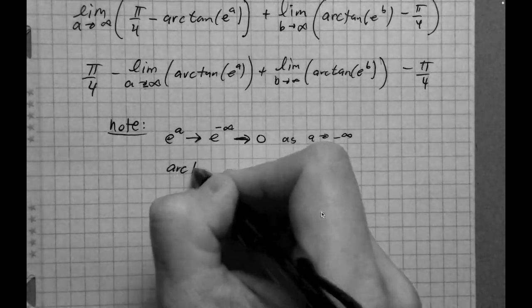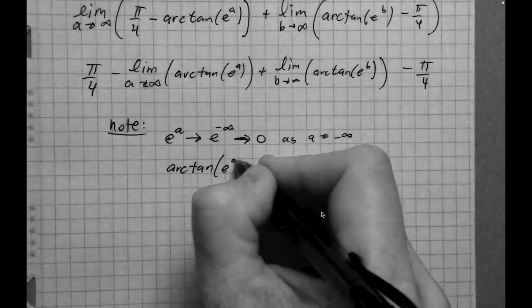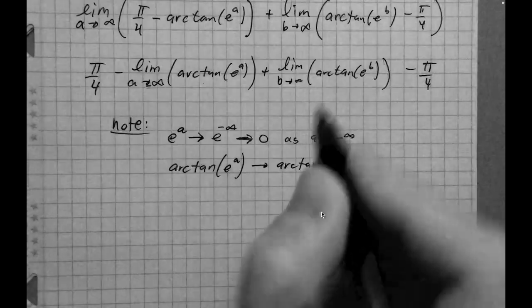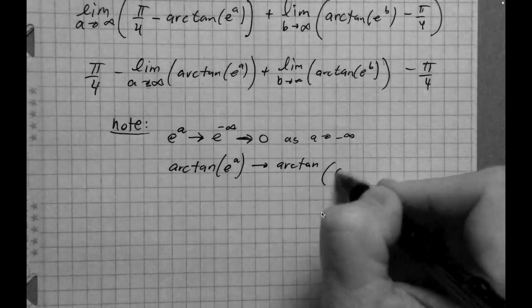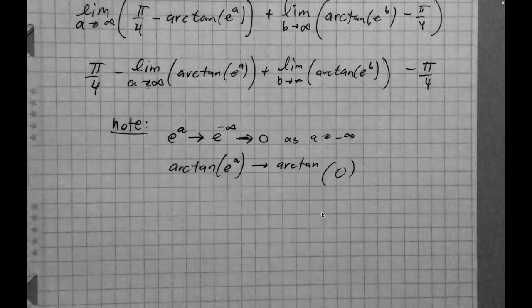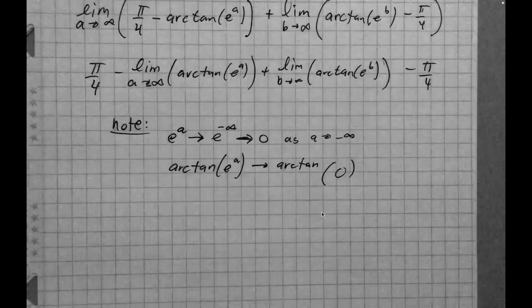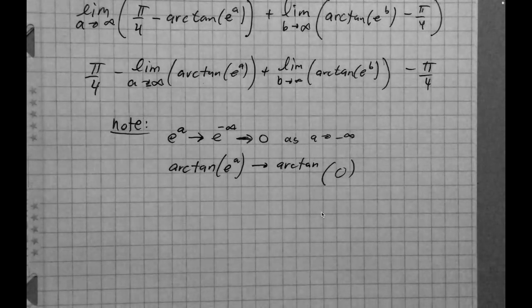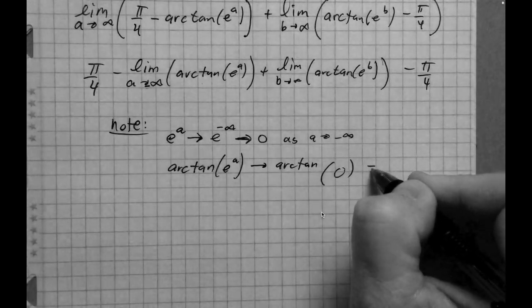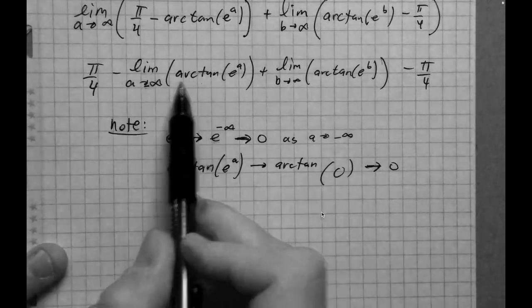So you've got the arctan of e to the a is going to the arctan of 0, which is going to go to pi over 2. Oh, sorry, it goes to 0, sorry. Okay, all right, so sorry about that.